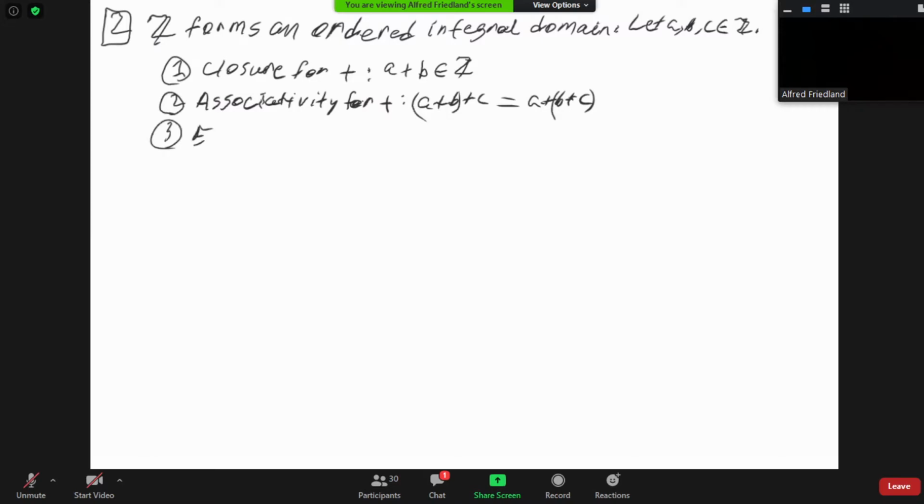Now we have the existence, that means there is one, existence of an additive identity, because we're still talking about addition.